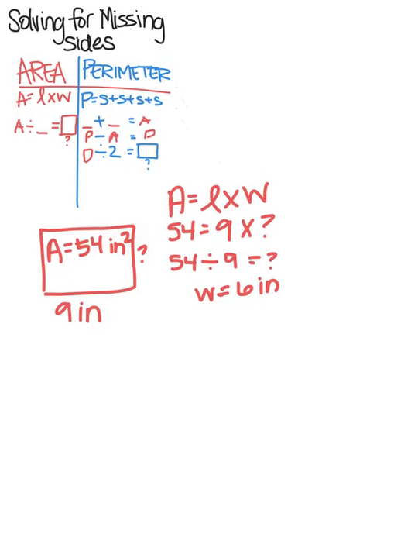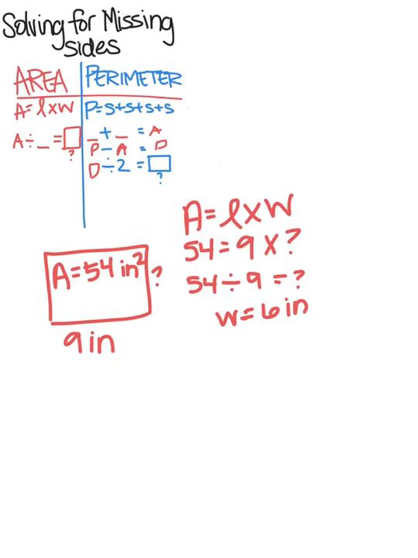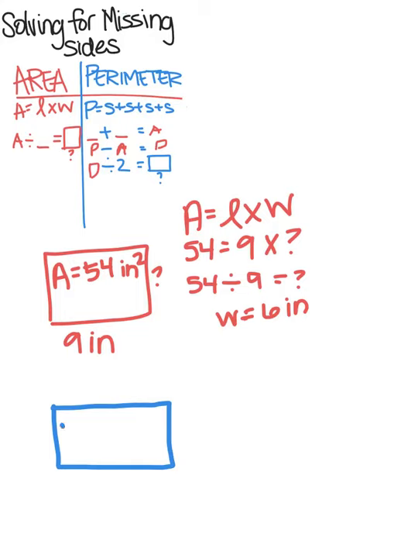So now we're going to do if we're given perimeter. So if I have a shape and P equals 24 meters. And we're going to say that the length is 8 meters.